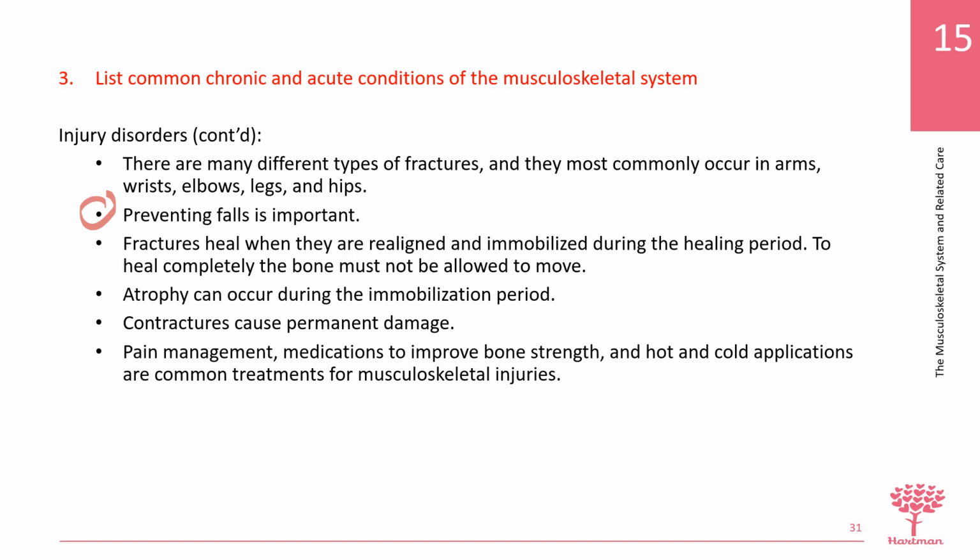And so that's when you'll notice that people may have a cast put on or some type of splinting to help immobilize that area for healing. Atrophy can occur during the immobilization period, and contractures cause permanent damage. Pain management, medications to improve bone strength, and hot and cold applications are common treatment for musculoskeletal injuries.